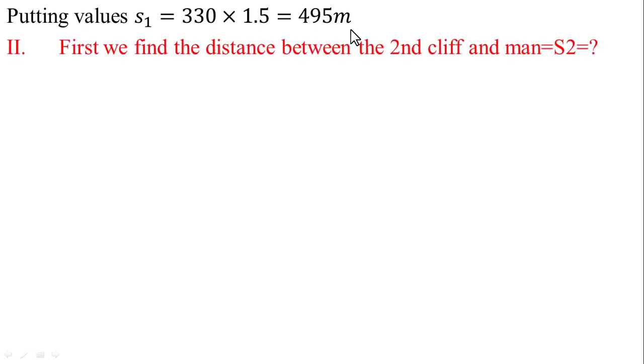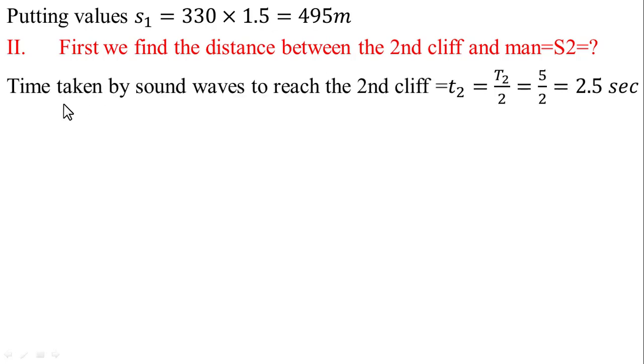Now in the second part, we find the distance of the second cliff S2. The time taken by the sound to reach the second cliff is halved because of the echo, so t2 is equal to total time T2 divided by 2. So t2 is equal to 5 divided by 2, which is equal to 2.5 seconds.